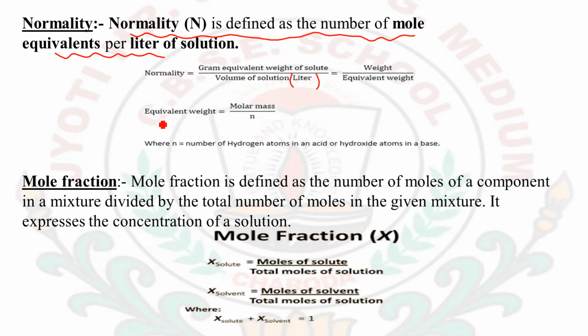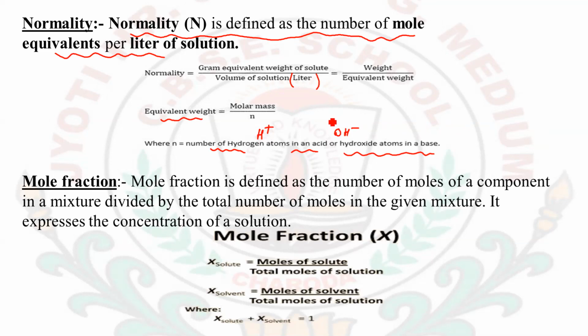The equivalent weight is nothing other than the molar mass divided by n, where n is the number of hydrogen ions generally in an acid, or OH minus ions in the case of bases. So this is your equivalent weight here.